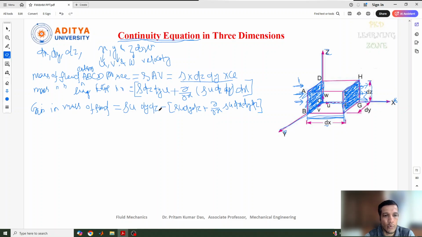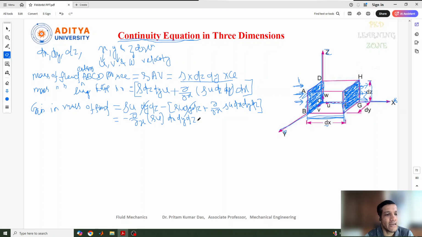Now if you open this bracket, these two terms, both are the same, so they will be cancelled. Then minus, if you take it inside, there will be minus of del by del x of rho u, keeping it in brackets, and the remaining terms dx dy dz, which are the lengths of this fluid element. We can write this in this way.